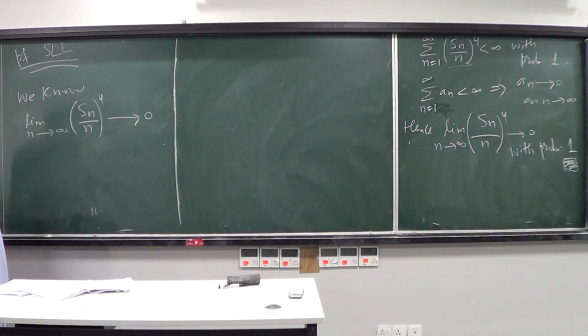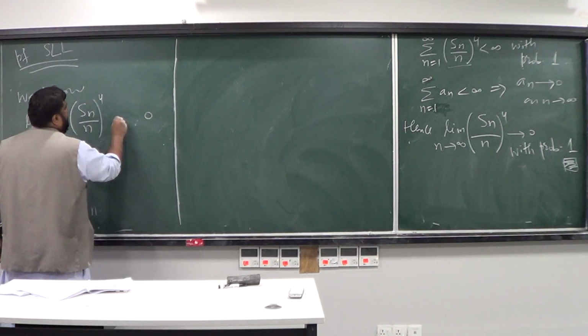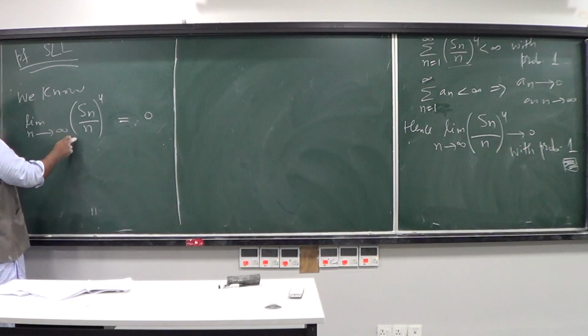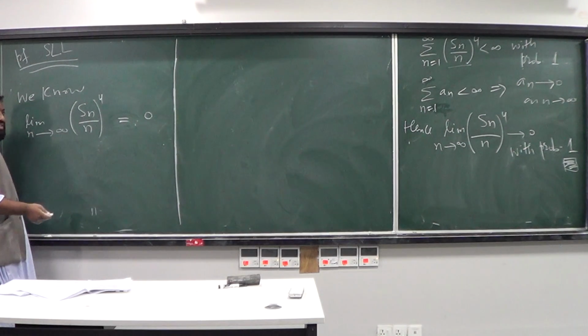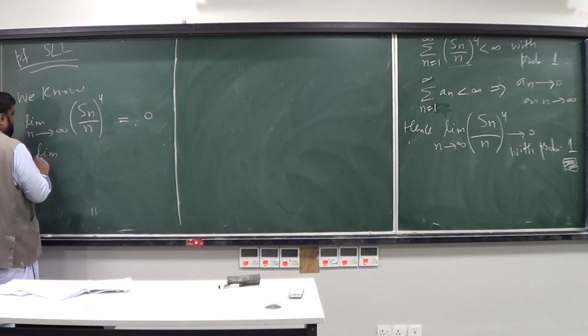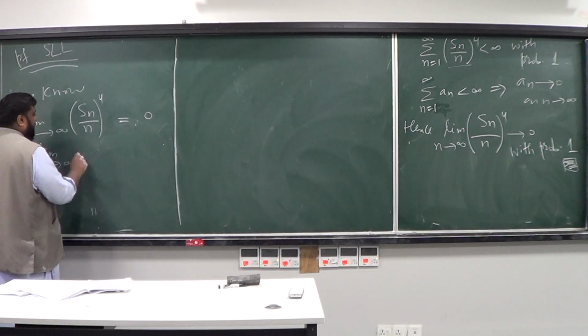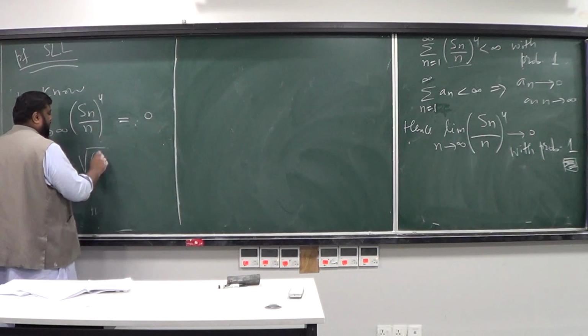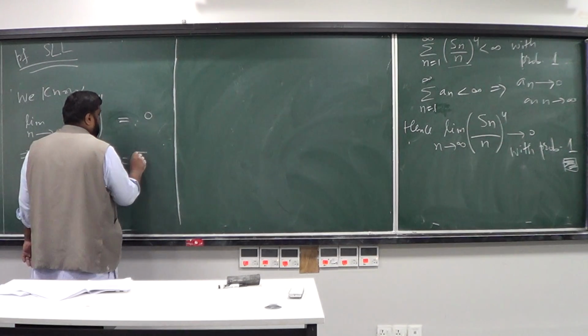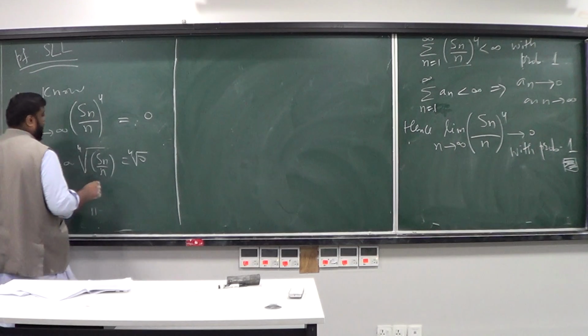If this is true, then you can also take the fourth root. Then this implies that the limit as n goes to infinity of the fourth root of Sn over n power 4, the fourth root of 0, is also true.